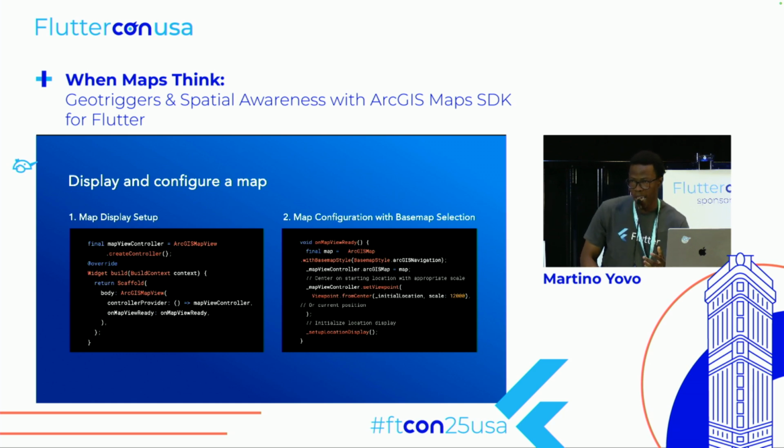The base map style is the kind of map style that you want. So you can have the ArcGIS navigation, you can also have the satellite imageries and many other base maps. I will show you how it works in the demo. And you can also define a viewpoint, like an initial position for your map.